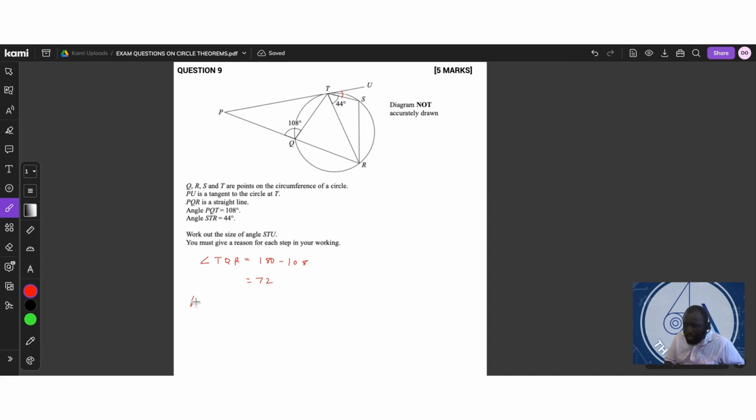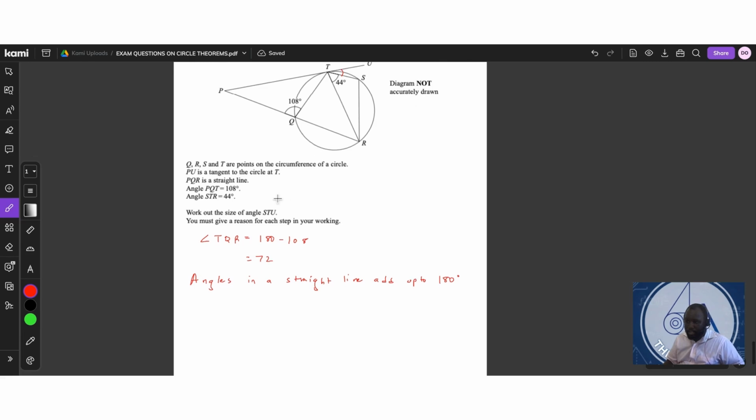We know that angles in a straight line add up to 180 degrees. And so that gives me that angle as 72 degrees.